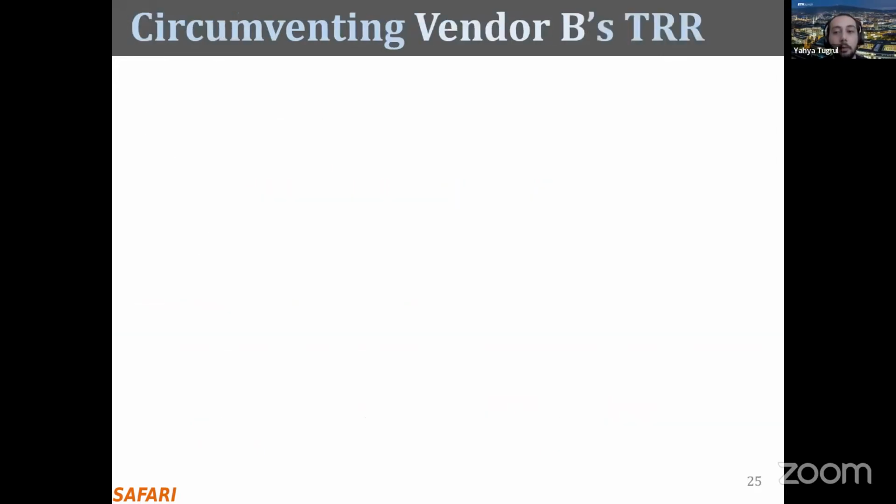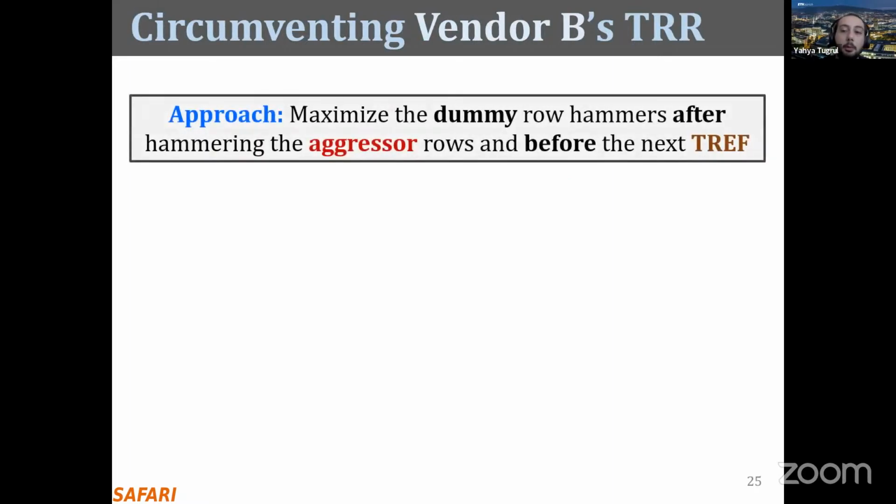So to circumvent the TRR mechanism of vendor B, our approach is to maximize the probability of having a sampled dummy row by hammering a dummy row as many times as possible before the next TRR capable refresh. After a TRR capable refresh, we start hammering aggressor rows A1 and A2 to perform double-sided hammering.